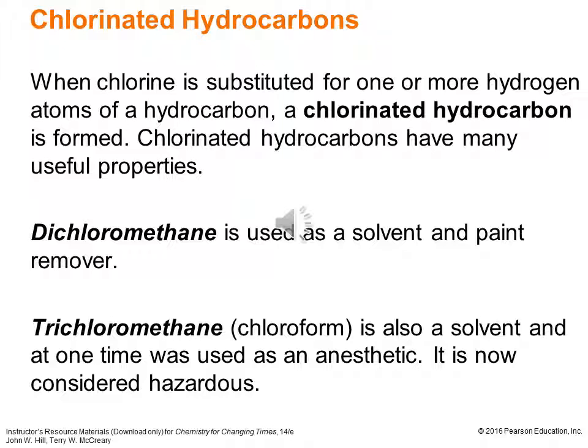Trichloromethane, chloroform. You've probably seen that used in movies or TV shows to knock someone unconscious, and it does have that property, but it's more typically used now as a solvent when it's used. It used to be used as an anesthetic, and that's where it gets that idea of knocking people out with chloroform. But now it's considered hazardous, just like we said.